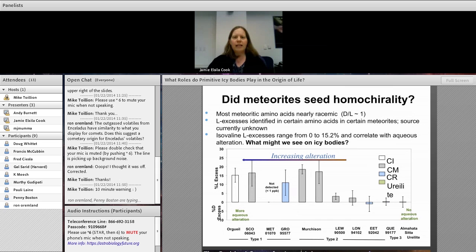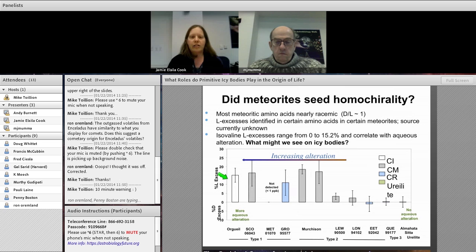But left-handed excesses have been identified in some amino acids in some meteorites. And this plot, again, is showing the correlation of those excesses with aqueous alteration on the parent bodies. And again, the meteorites on the left here, these are just looking at the percent of left-handed excess of the amino acid isovaline in a variety of meteorites. The ones on the left have seen more aqueous alteration and also show more of this left-handed excess.